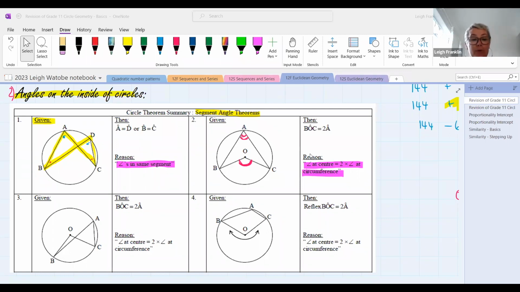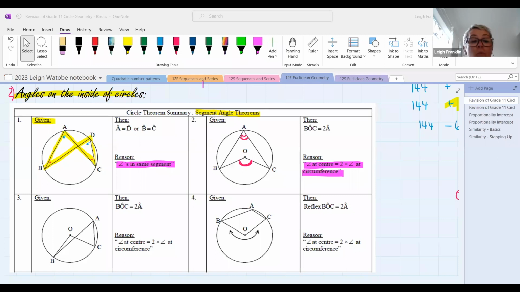So do not get confused between number 1 and number 3. A lot of students when they're in grade 11 get these two very muddled up. Example number 1 and example number 3 are not the same thing.